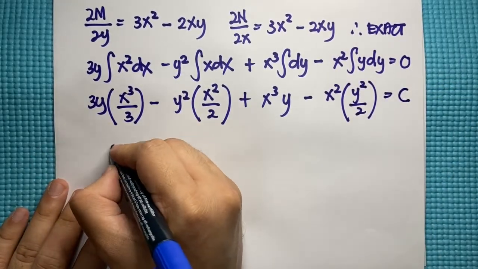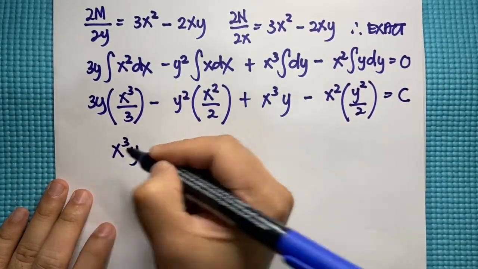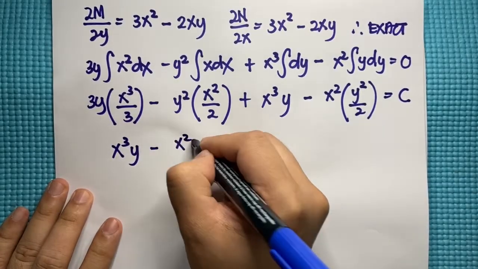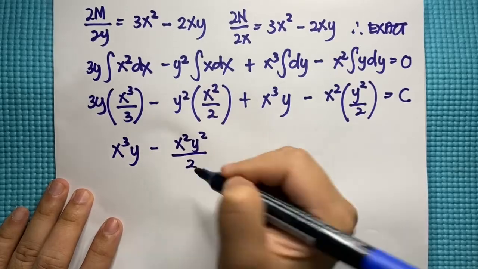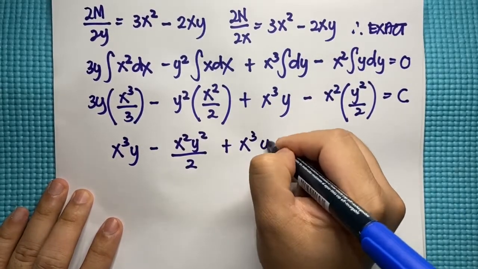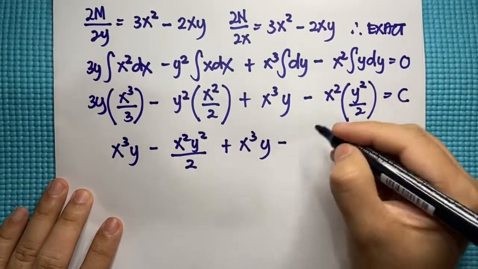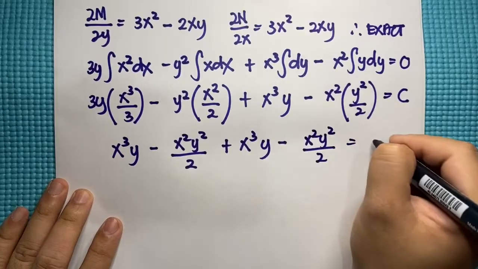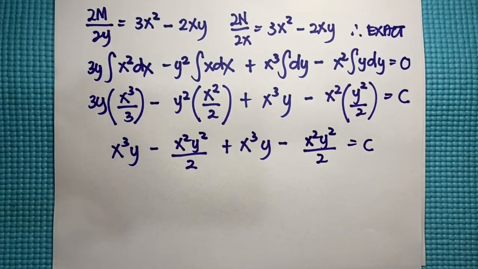Simplifying, we have x cubed y minus x squared y squared over 2, plus x cubed y minus x squared y squared over 2, equal to c.